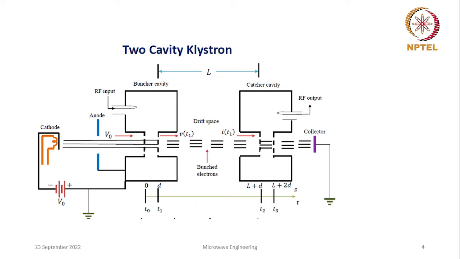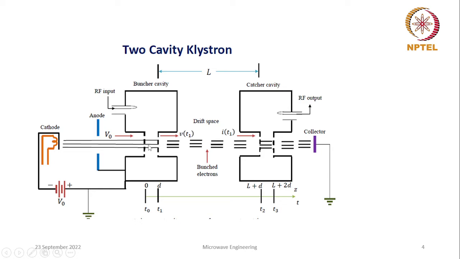The principle of operation is velocity and current modulation. As the electrons are emitted from the cathode, they move with a uniform velocity and reach the buncher cavity, where the RF signal is applied.